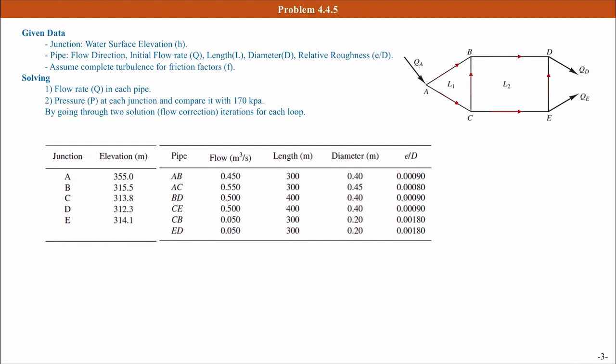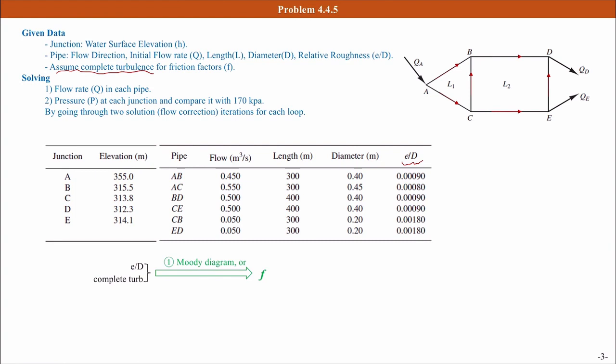In this question, we want to calculate, first, the flow rate in each pipe, and second, the pressure at water demand junctions D and E and compare it with 170 kilopascal by going through 2 solution iterations for each loop. Because we already know the relative roughness in each pipe and we assume complete turbulence, we can read the friction factor on the Moody diagram.